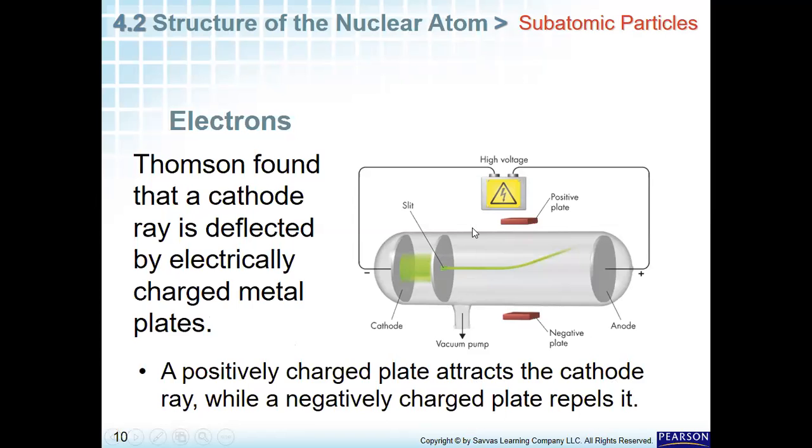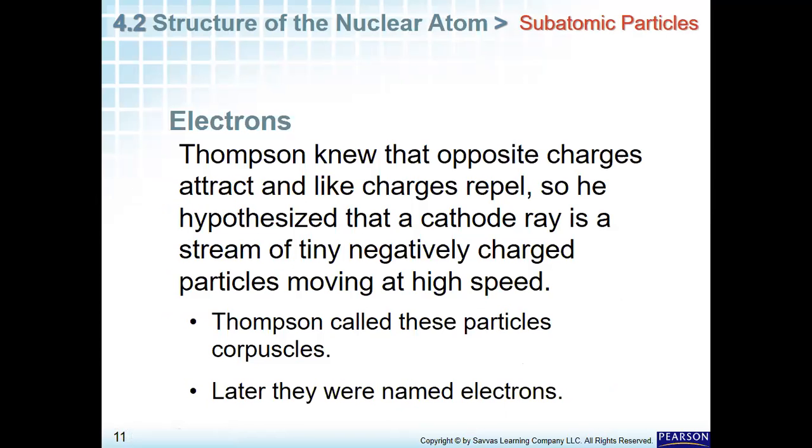That's repulsion from the negative and attraction to the positive. That indicated to Thomson that the ray carries a charge, and the charge is negative. So he hypothesized that the cathode ray is a stream of tiny negatively charged particles moving at high speed.